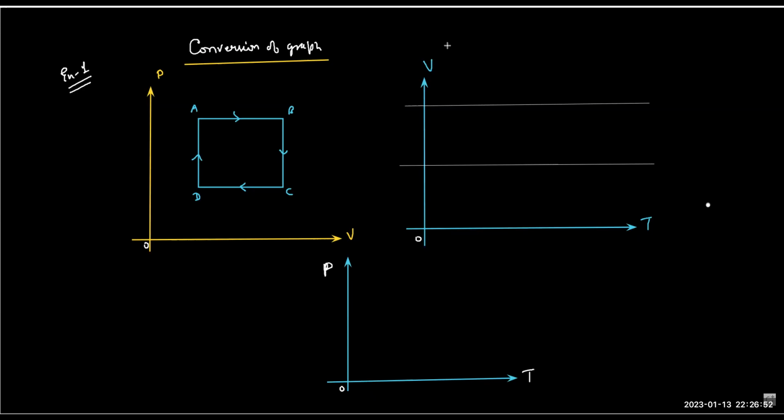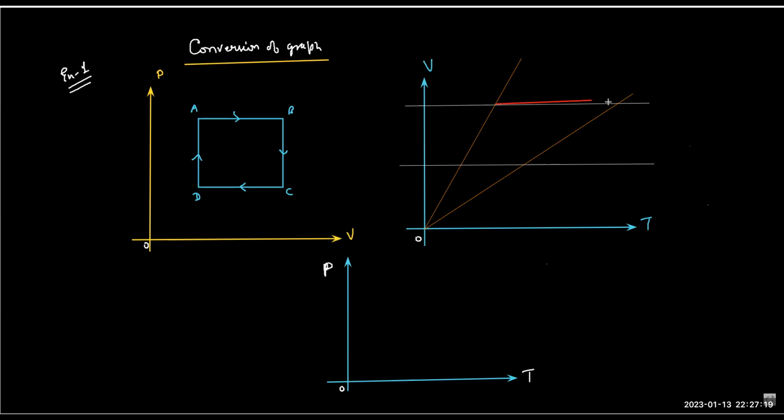The isobars we have already discussed pass through the origin, and the quadrilateral which is formed is your cyclic process appearing on the VT graph.